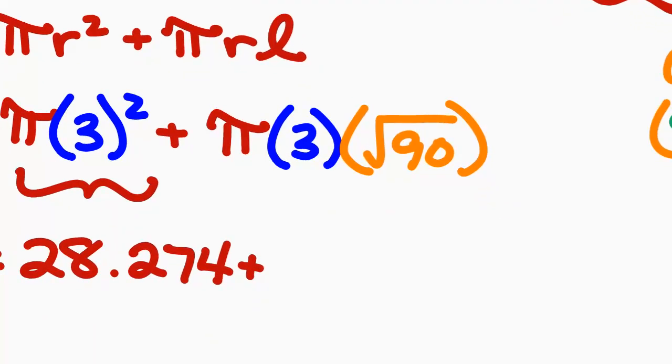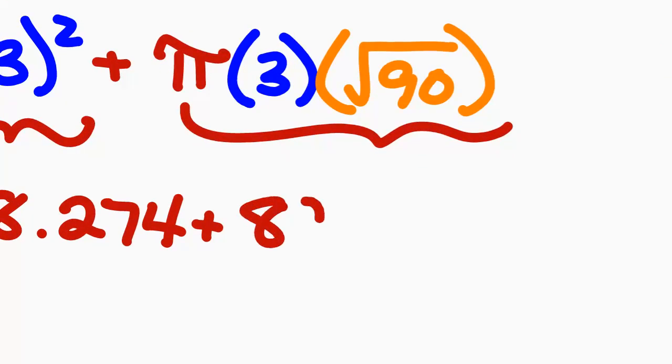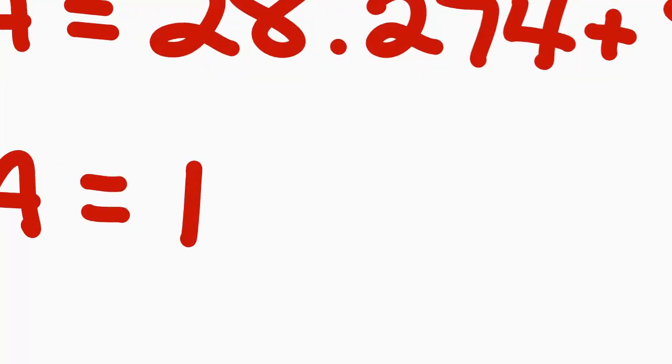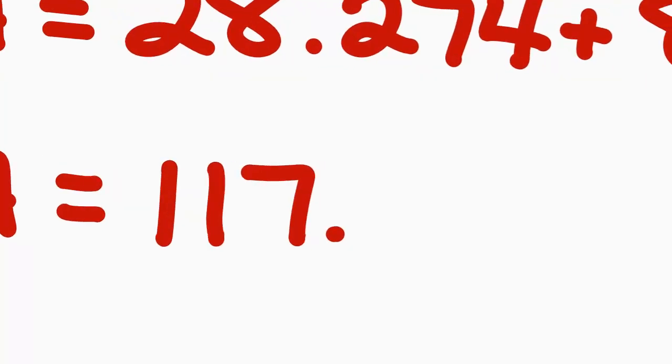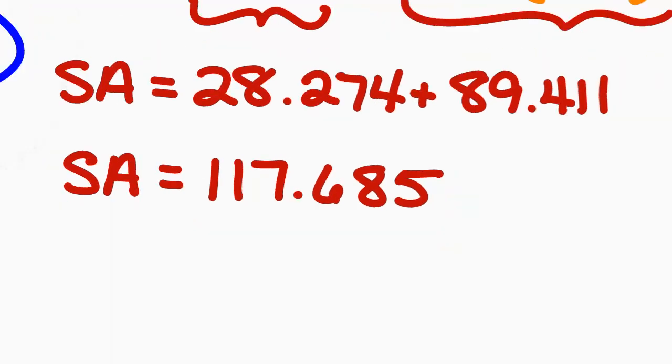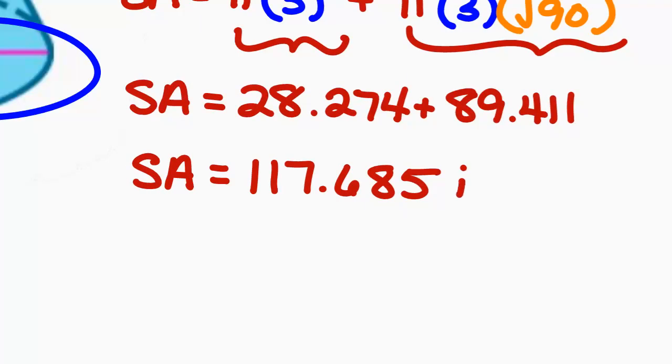What do we get for that part? 89.411. And then we have to add those two together. I got 117.685. What kind of units? Inches squared.